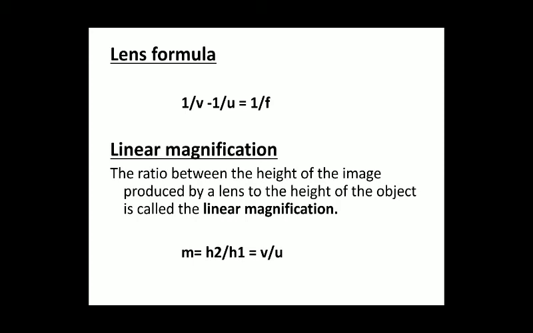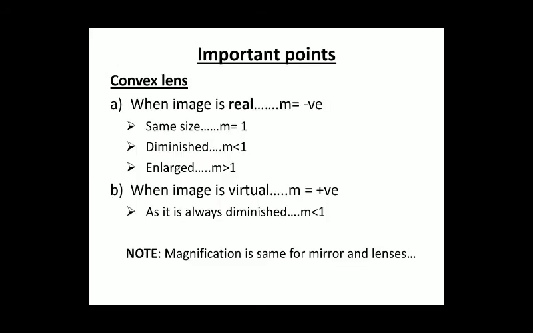Now the linear magnification is the same as in the case of the mirror. The ratio between the height of the image produced by a lens to the height of the object is called linear magnification, or you can also write the ratio of the image distance to the object distance as linear magnification. Now, important points related to the convex lens, same as that of the mirror.